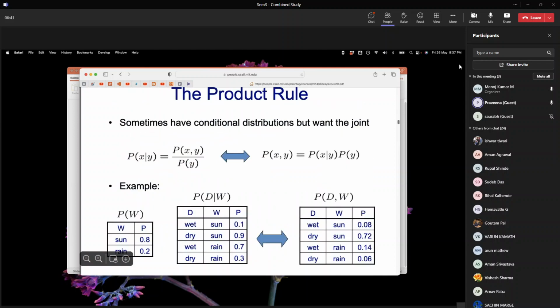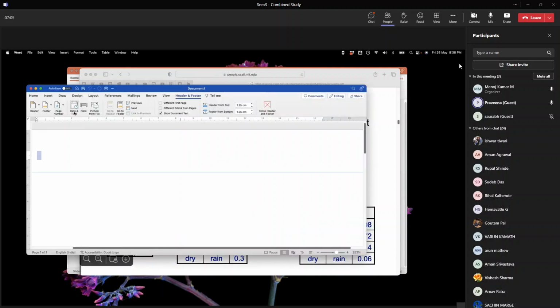If nothing, then I will pull up a Word document. Insert.